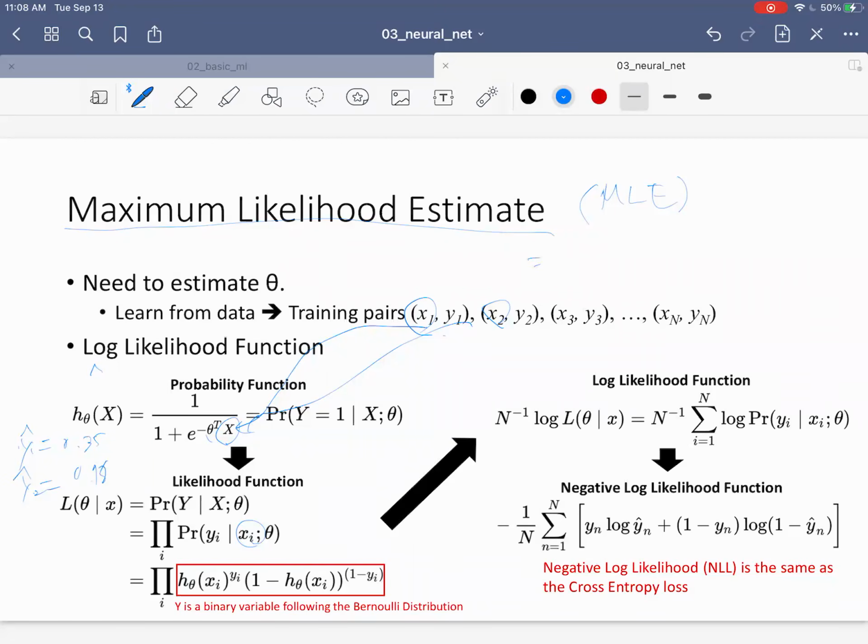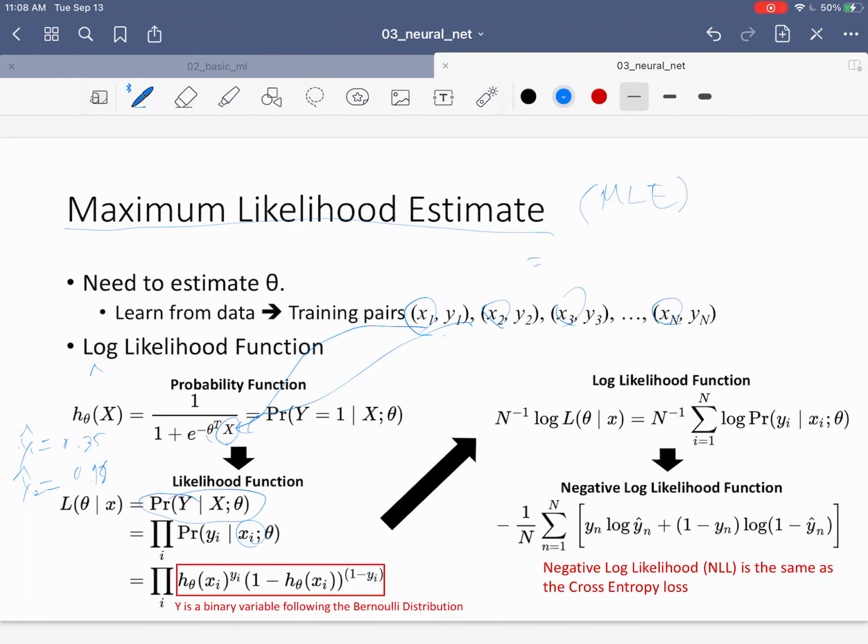So you're fine with that. First of all, you're fine with that. So you put all these values here, and then you do the same for x3 all the way to xn, and then you multiply all these likelihoods.